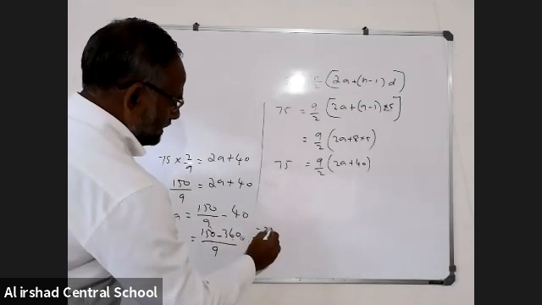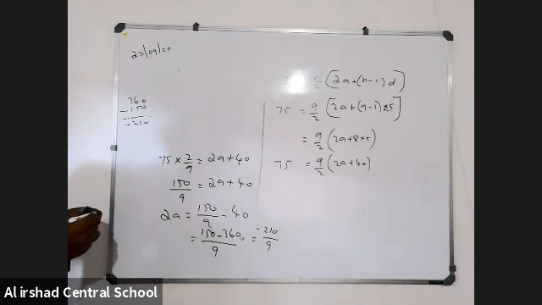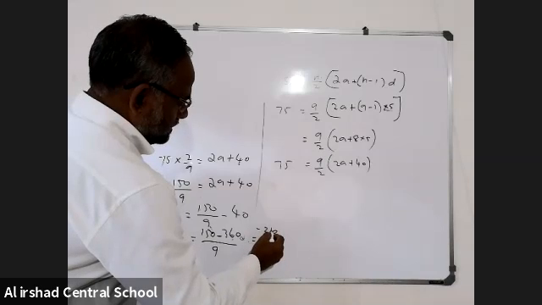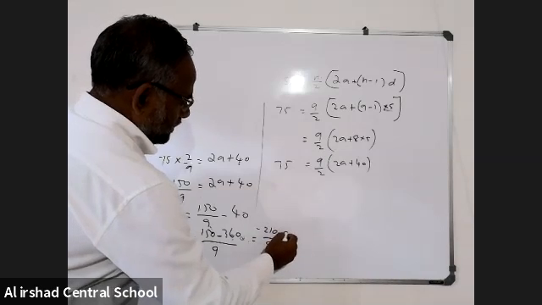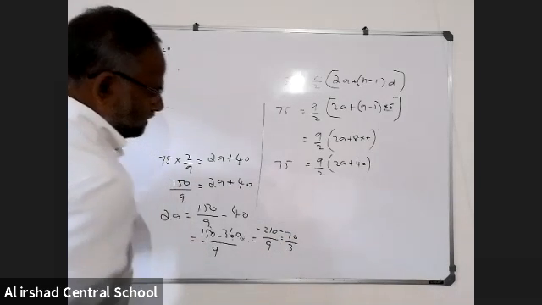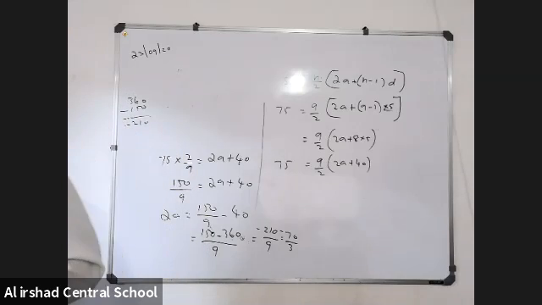That means minus 210 by 9. So we can divide by 3. 7 threes are 21, 3 threes are 9, so minus 70 by 3.